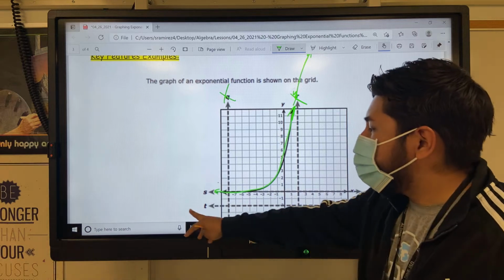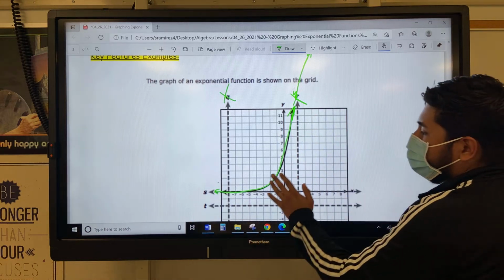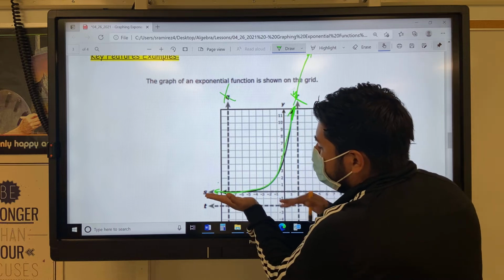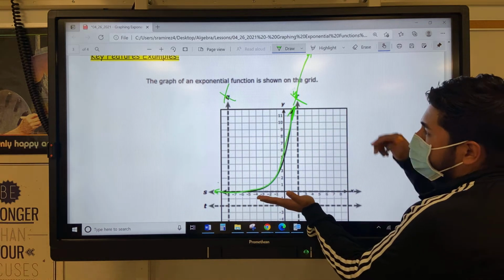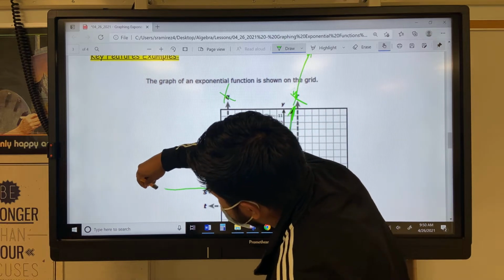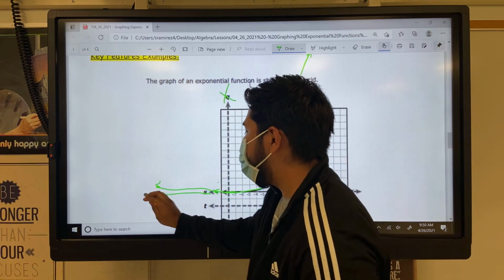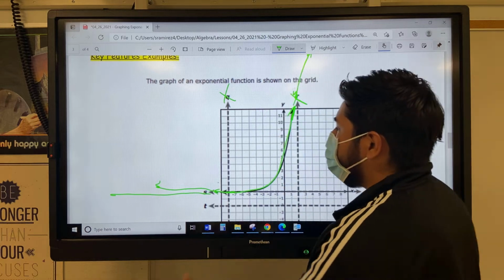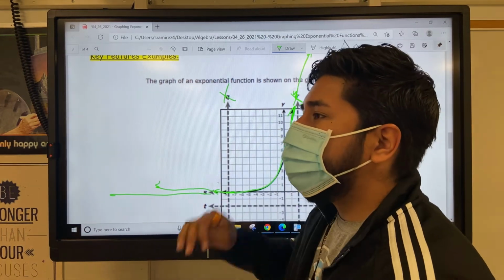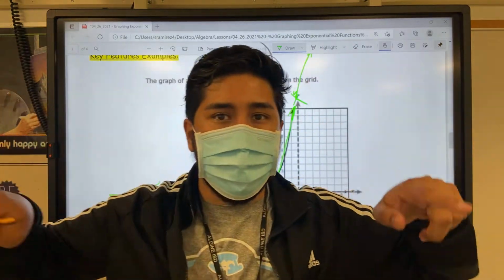T is a horizontal asymptote, but not for this graph, because a horizontal asymptote is literally touching this graph. This line's gonna go on forever and ever, as straight as it can, because this is the boundary that's stopping it. It will never cross this boundary because it's basically, if you want to think about it, like the border of the United States.